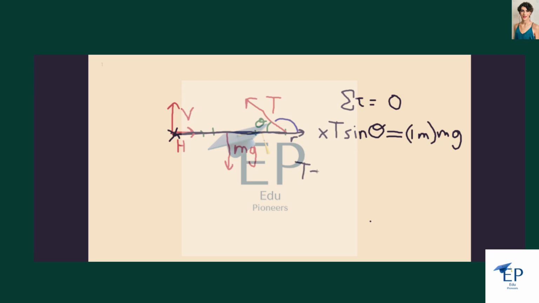The tension is equal to 1 meter times 8.5 kilograms times 9.8 meters per second squared.